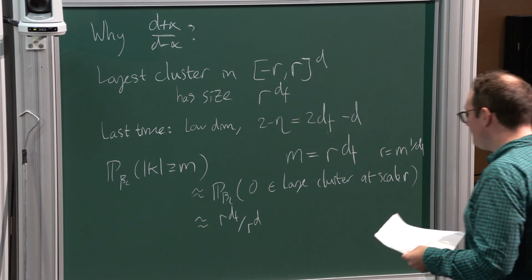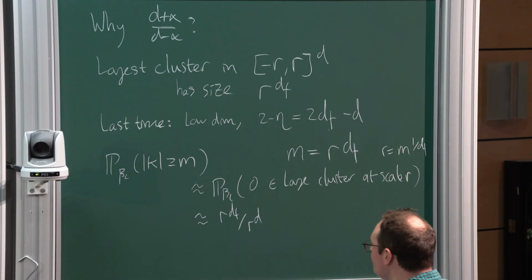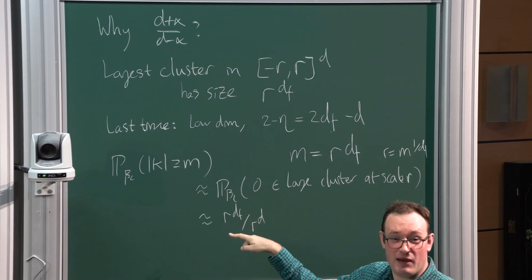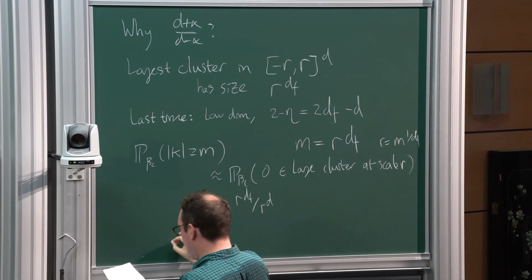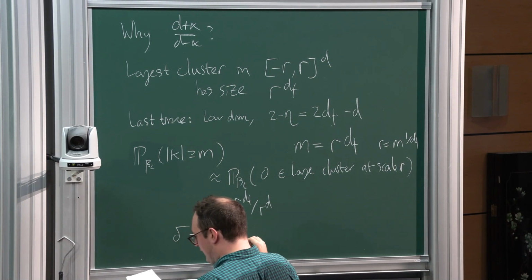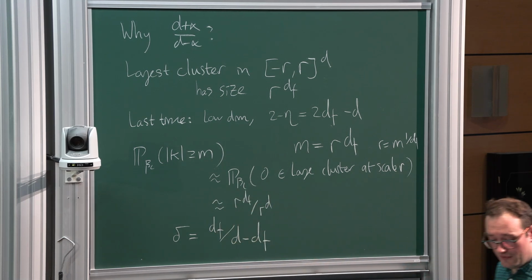Okay? So, if you then do the inversion, so you want to write this back in terms of m, what you get is that delta is equal to df over d minus df.